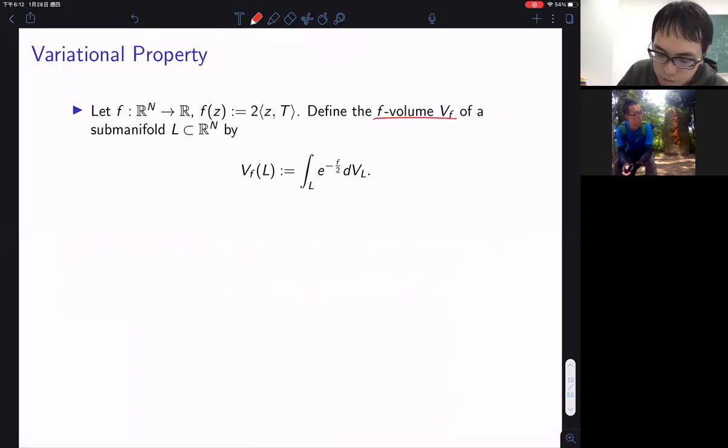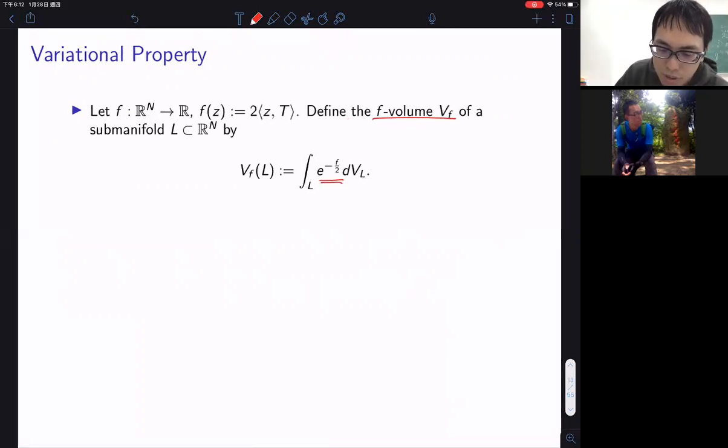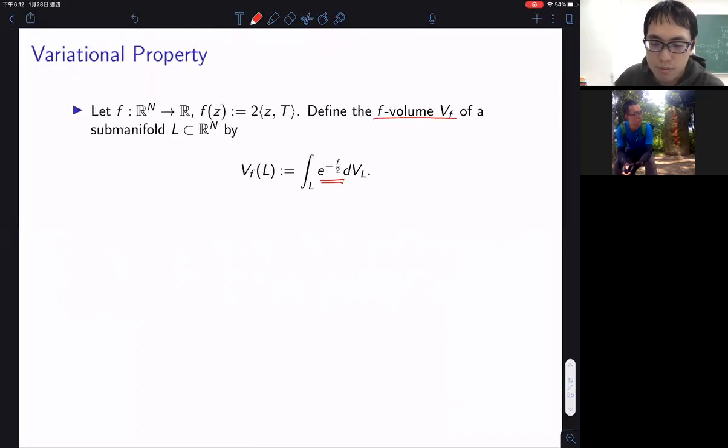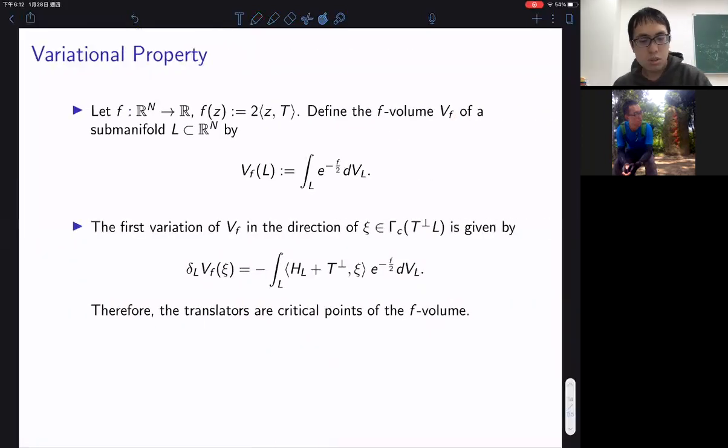The weighted volume is just you multiply the ordinary volume dV_L by the exponential of minus f over 2. Integrate this weighted volume form on the submanifold L, and you get the weighted volume of L.